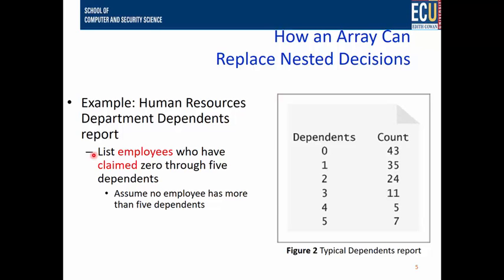They want to know how many of their employees are not supporting any dependent, or how many are supporting 5 dependents. So they want to get this count, maybe to give some bonus or so on. Eventually they need a report which tells us the count of people and the respective number of dependents they are supporting. So this is the report they need to generate.